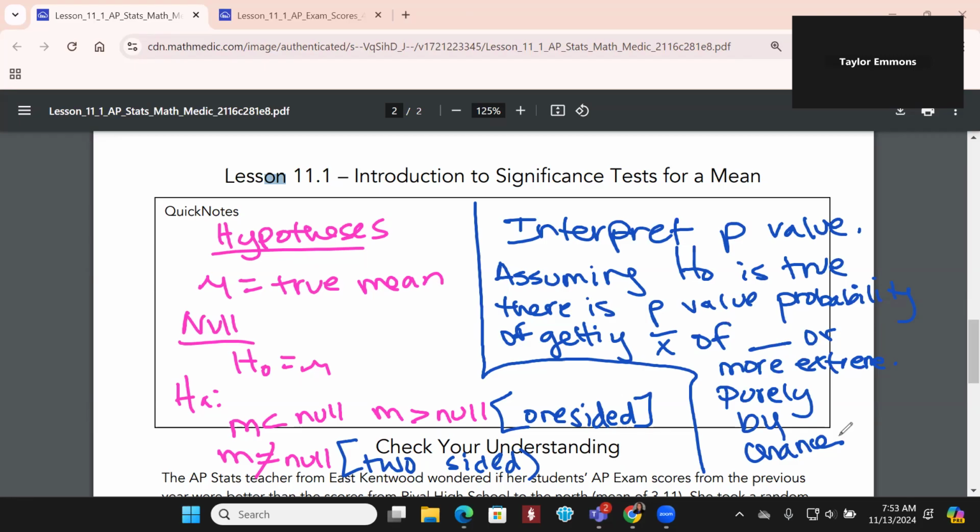If it's less than, we reject it. Do you remember our little saying? If he doesn't have enough money, we reject.